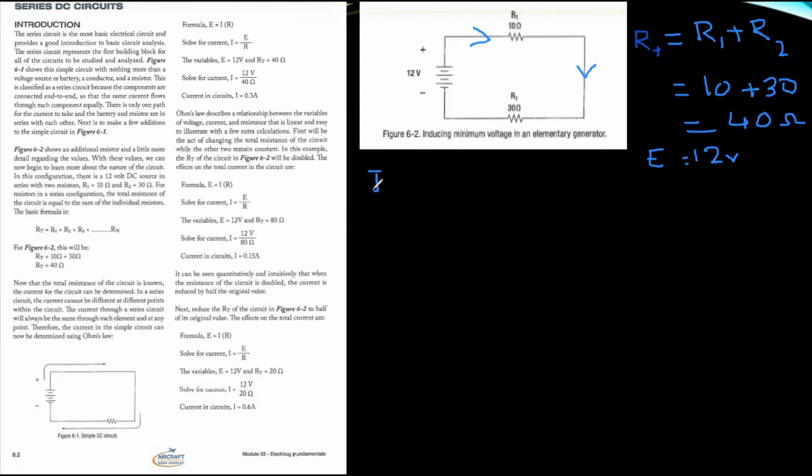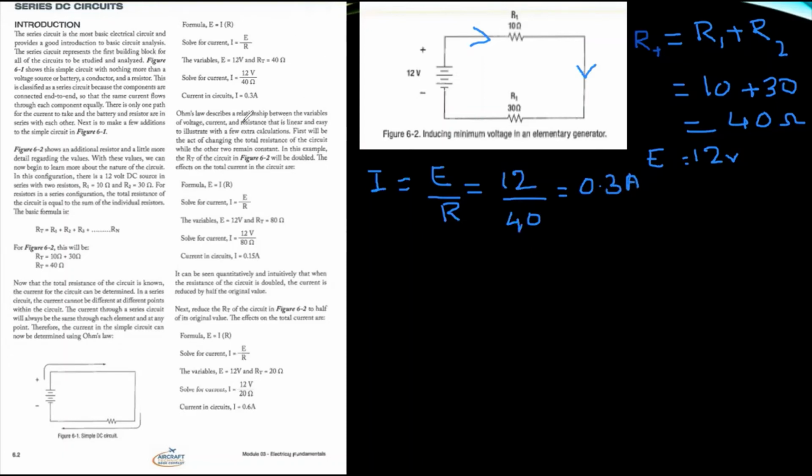So the current formula: I is equal to E by R. What is E here? 12 volt, and the resistance is 40. So what is the final output we are getting? It is 0.3 ampere.